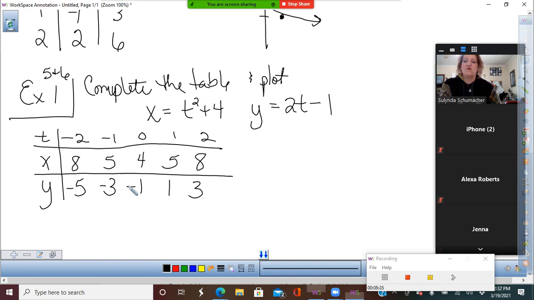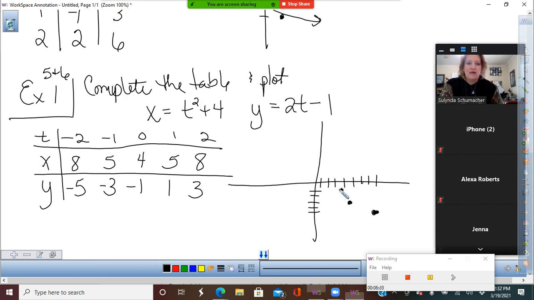So we're going to plot these points. So 8, -5. 5, -3. 4, -1. 5, 1.